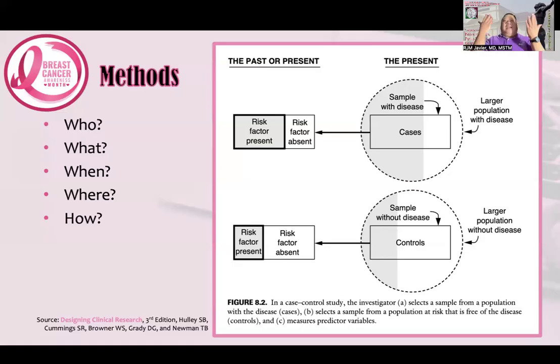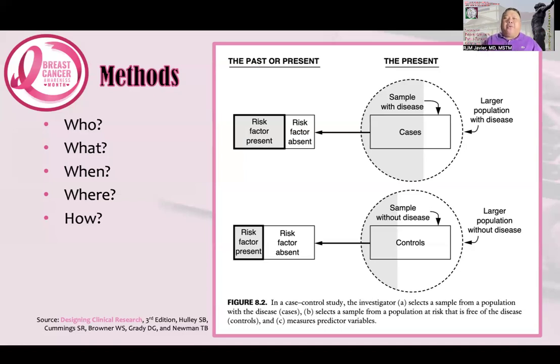And then you go back in time, whether in the remote past or the historical past, and identify who among the cases would have the risk factor, who will not have the risk factor. On the other hand, among the controls, you will also identify who among them would have the risk factors and who will not have the risk factors.